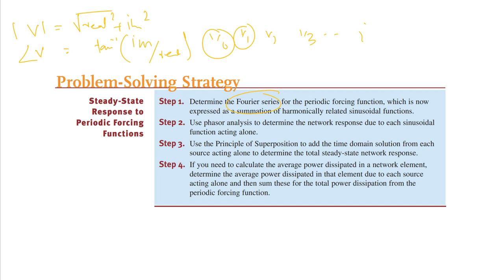Then we will use the principle of superposition, in which the same frequencies are multiplied with one another. So use the principle of superposition to add the time domain solution for each source acting alone, and then determine the total response. We first multiply the same frequency signals of current and voltage with one another.